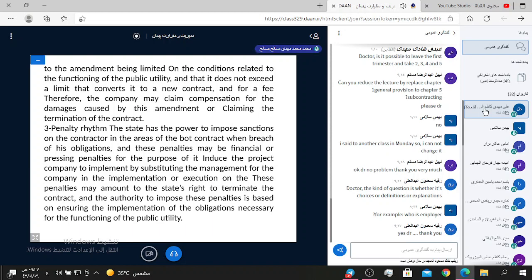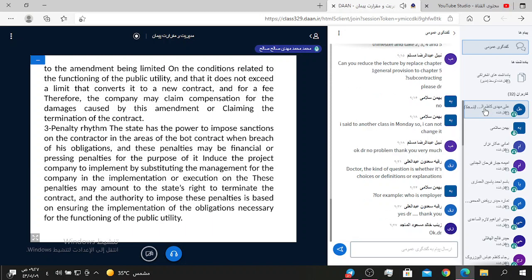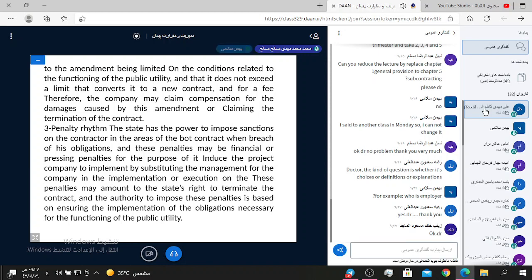Number three, the state has the power to impose restrictions on the contractor when he breaches his obligations, and these measures may include imposing penalty periods to compel the project company to implement, by substituting the management for the company in the implementation or execution.